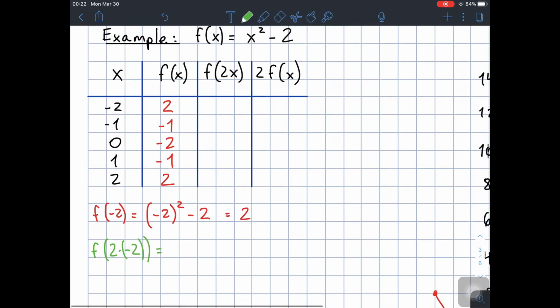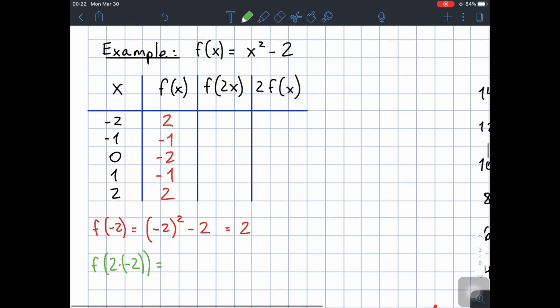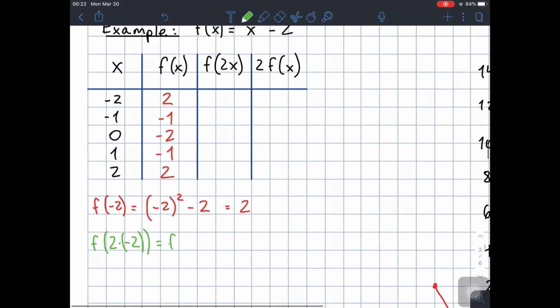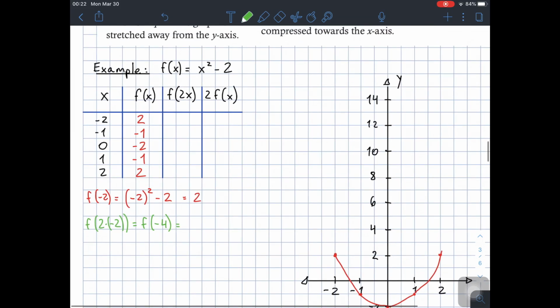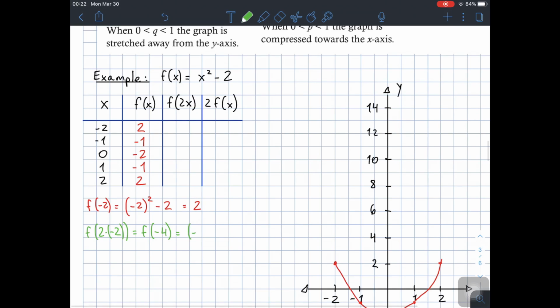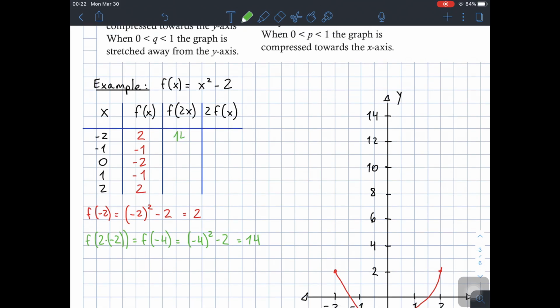This is the new value of x, which is the same as saying f of negative 4, right? 2 times negative 2 is negative 4. So we need to evaluate f of negative 4. This gives us negative 4 squared minus 2, according to our function. And this is 16 minus 2, 14. So this is 14.